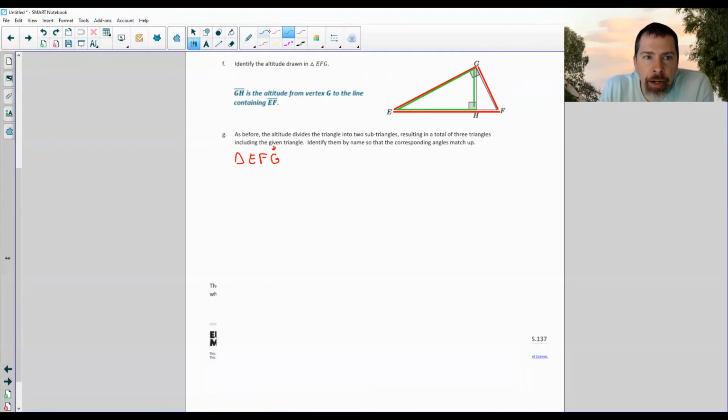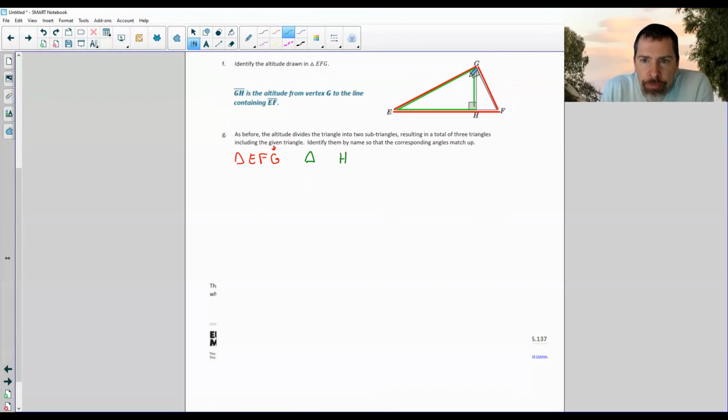It doesn't matter how you name the first one, but it definitely matters how you name the rest. So the next one, I'm going to use green. So if we said EFG, we name the hypotenuse first, EF, and FG is the shortest side. So I want the shortest side on this triangle to come up, and the right angle said last, and H is my right angle. So I'm going to put that last.